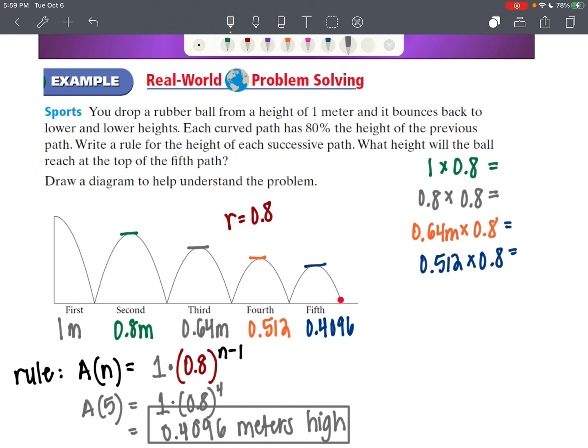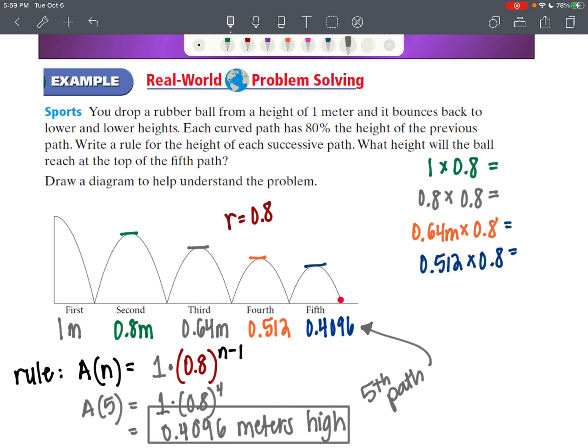And there we go. There's our answer. That's the fifth path. We already had it right there, but using the algebraic equation is a really cool way to check to make sure that your answer makes sense, right?